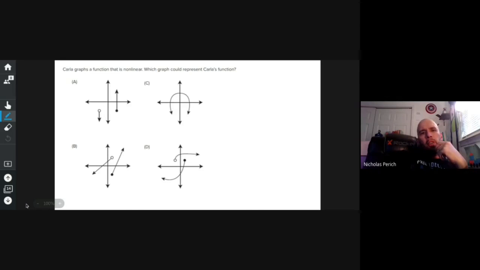Carla graphs a function that is nonlinear. Which graph could represent it? I'm sorry, she graphs a function. One of these is going to pass this thing. So I would have to go through all of those, and I need to figure out which one of those passes. Take a look, and then you can vote.